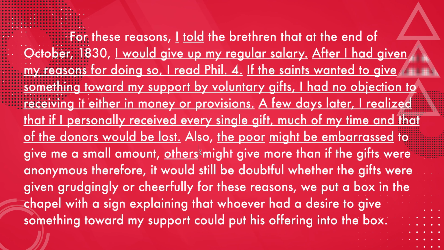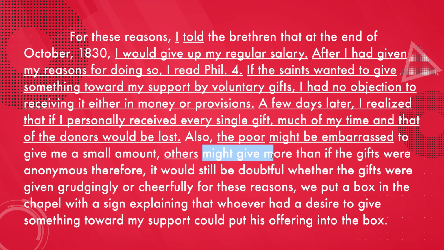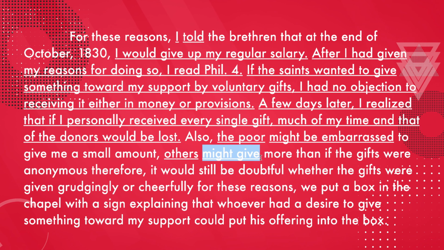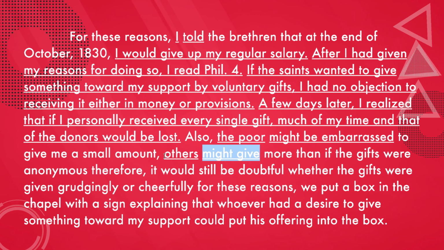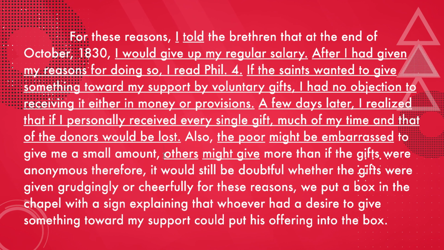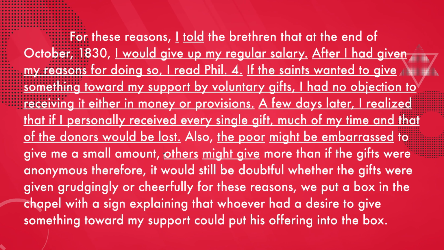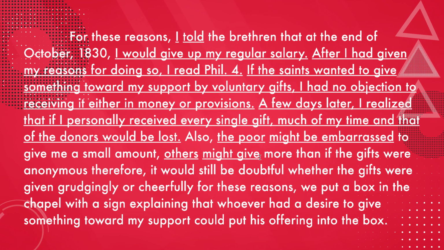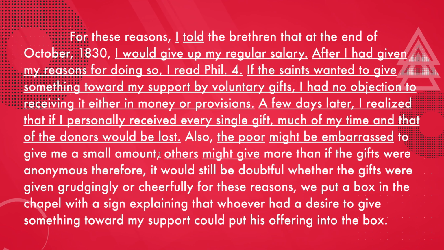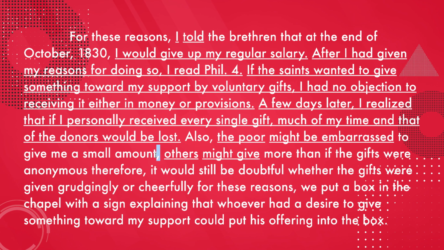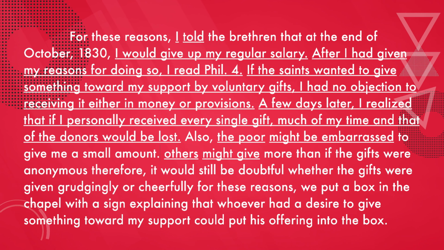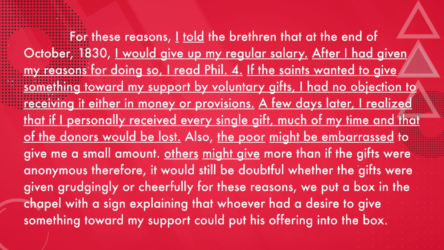Others, you have the subject, and might give is another verb. So this is our second clause. So what should we do here? We cannot join two independent clauses with a comma. So either we put a period, which is the simplest thing to do, or we put a conjunction.